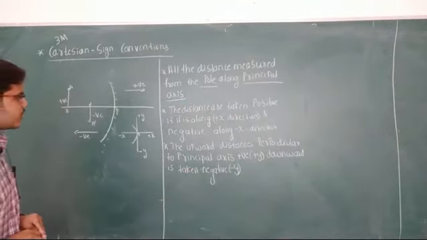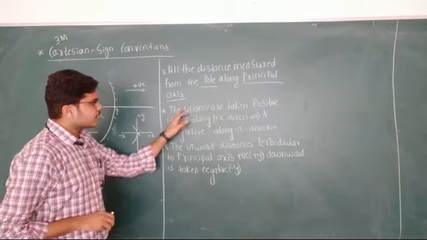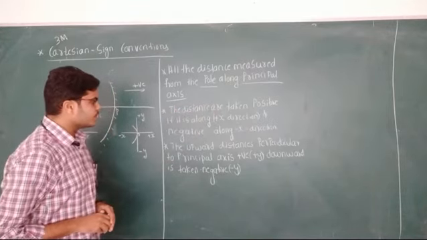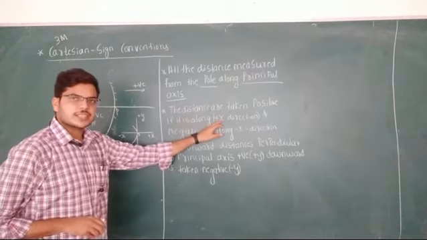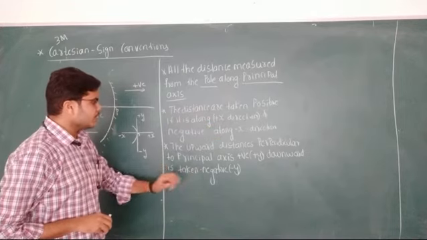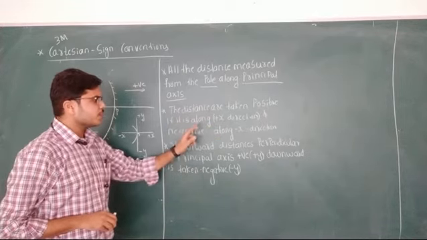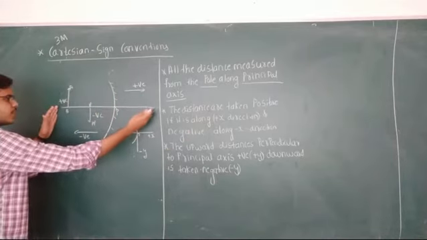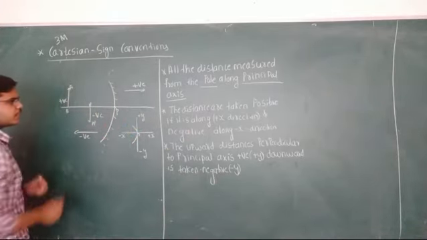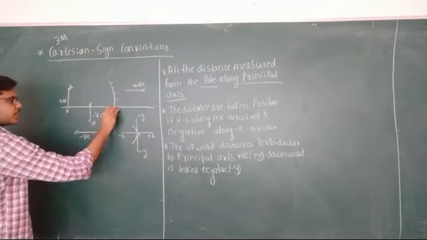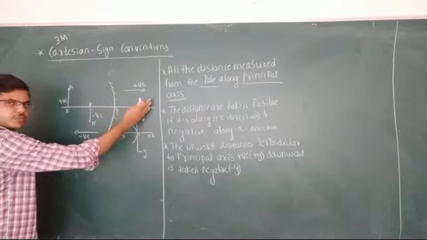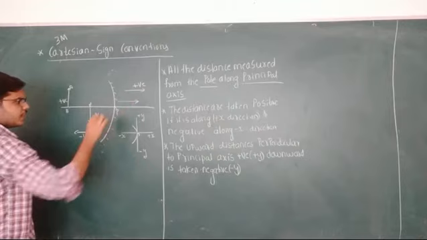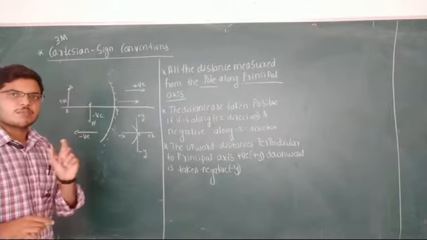Now, the second rule is that the distances are taken positive if they are along the plus x direction, and taken negative along the minus x direction. Imagine that this is the concave mirror arrangement. If you measure the distance on the right side of the pole, in this direction, then that distance is taken as positive.